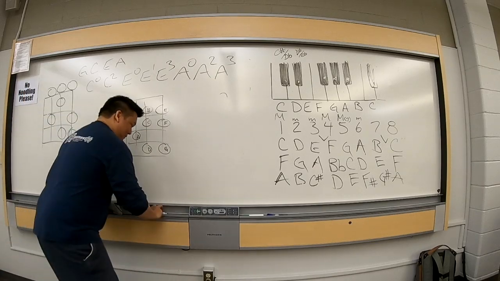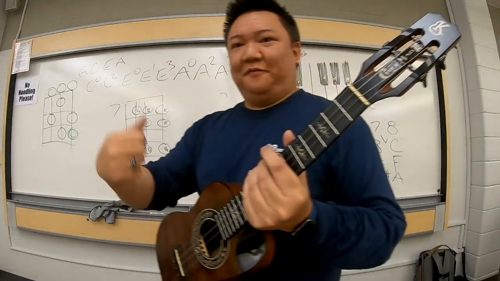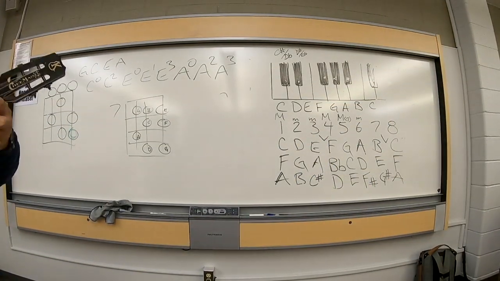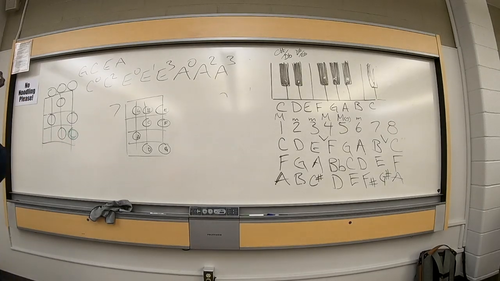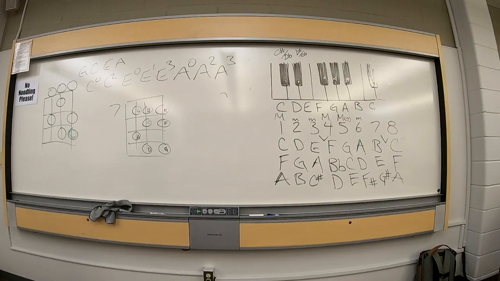So that means, can you softly strum a C chord for me? 1, 2, 3. Now, that means I can solo, and it sounds great. But now I can jump up to the 7th fret and play this shape. 2, 3, 4.